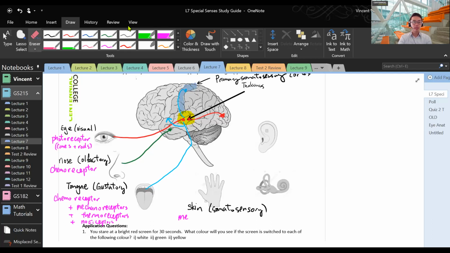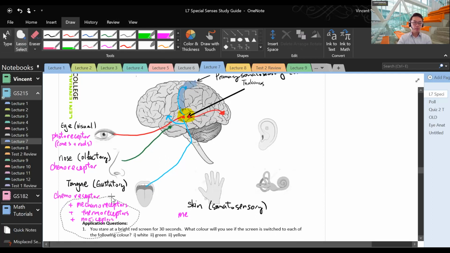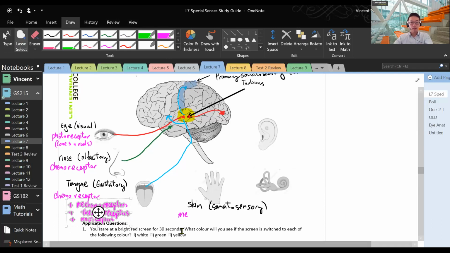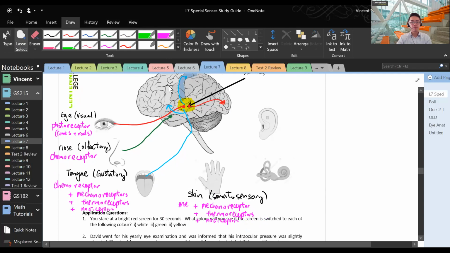I'm going to copy it right here. It's the same stuff. No chemoreceptors though. We cannot taste with our skin.